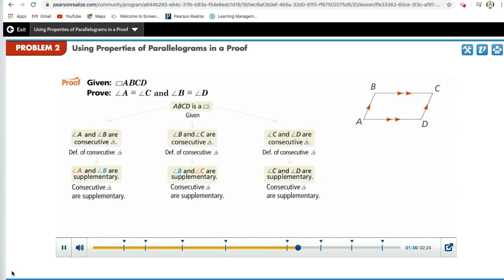Both angle A and angle C are supplementary to angle B. So angle A is congruent to angle C, since supplements of the same angle are congruent. Both angle B and angle D are supplementary to angle C. So angle B is congruent to angle D, since supplements of the same angle are congruent.